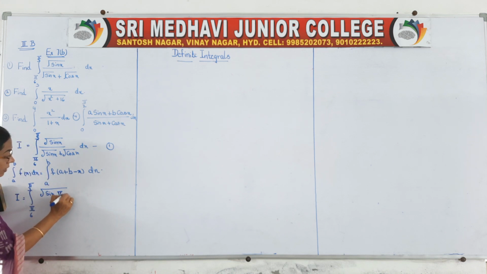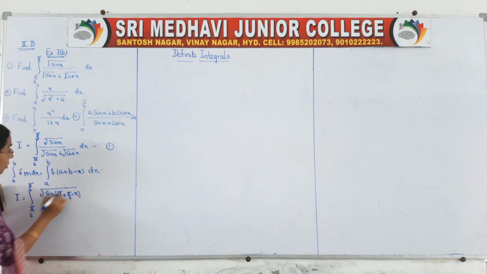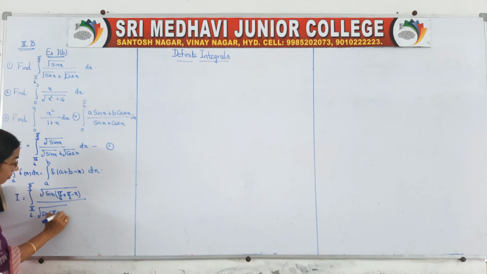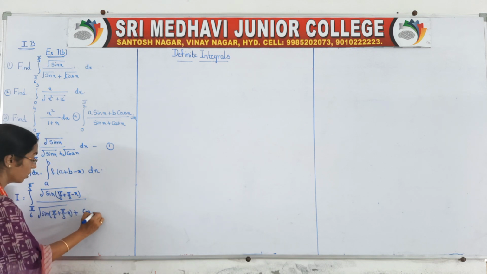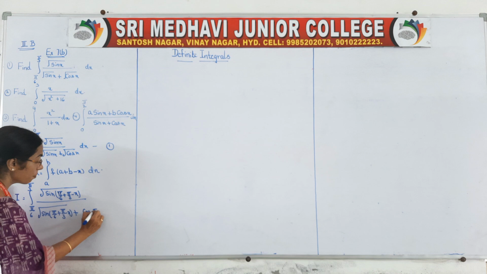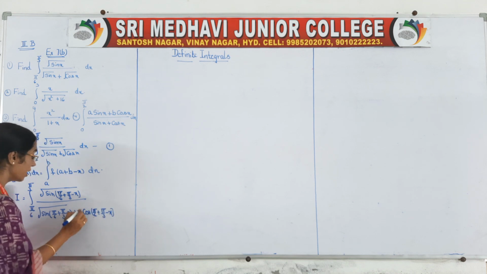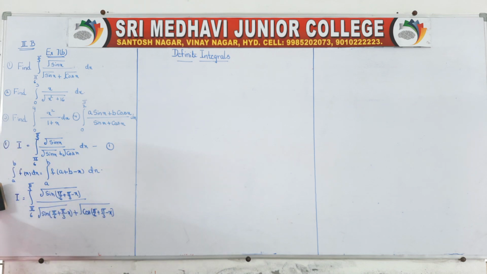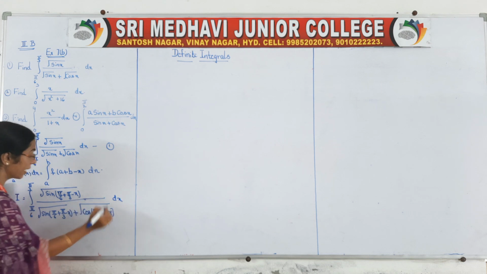So root of sine of pi by 6 plus pi by 3 minus x, by root of sine of pi by 6 plus pi by 3 minus x plus the same thing, cos of pi by 6 plus pi by 3 minus x, a plus b minus x form, into dx.